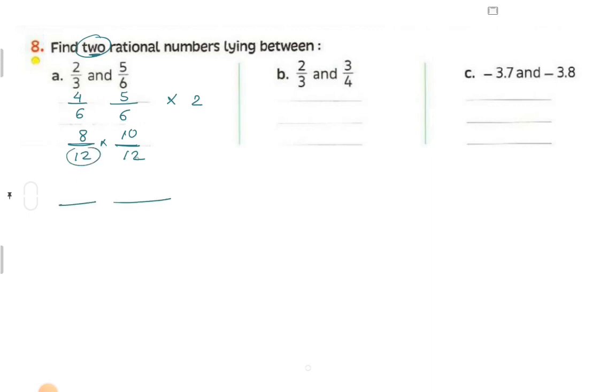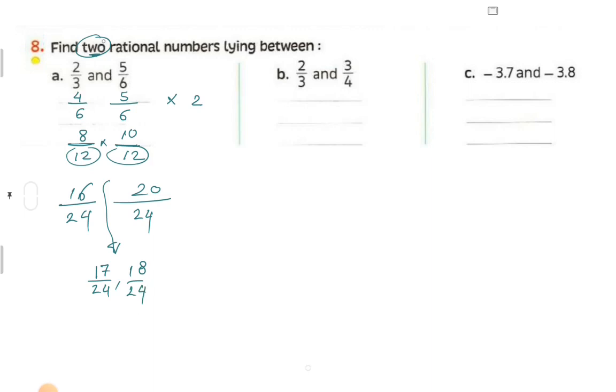Times 2, 12 times 2 equals 24. Okay, 8 times 2 equals 16, 10 times 2 equals 20. Now I can find that between 16 and 20 there are three integers. So in between these two rational numbers I can say 17 over 24 and 18 over 24.